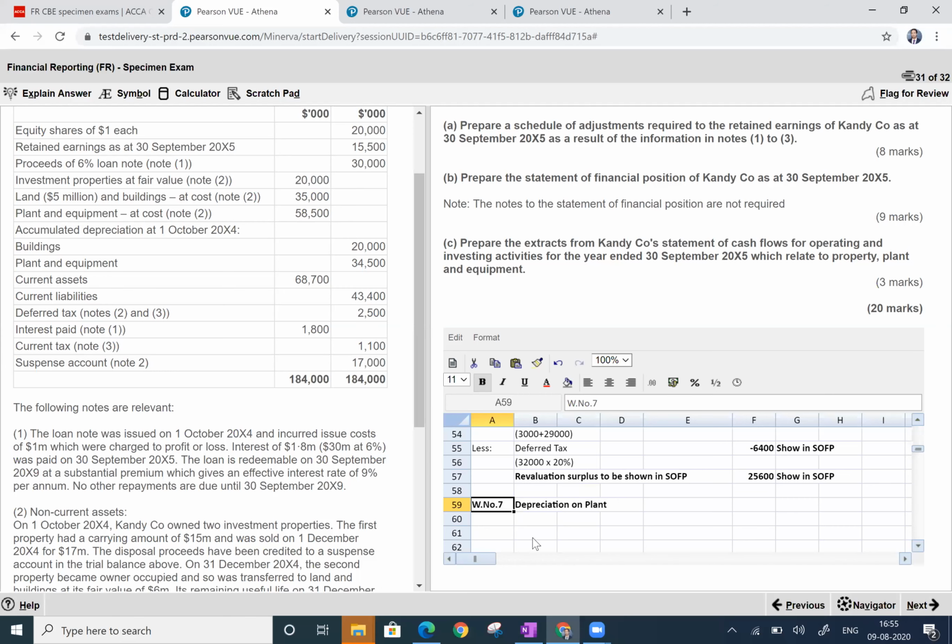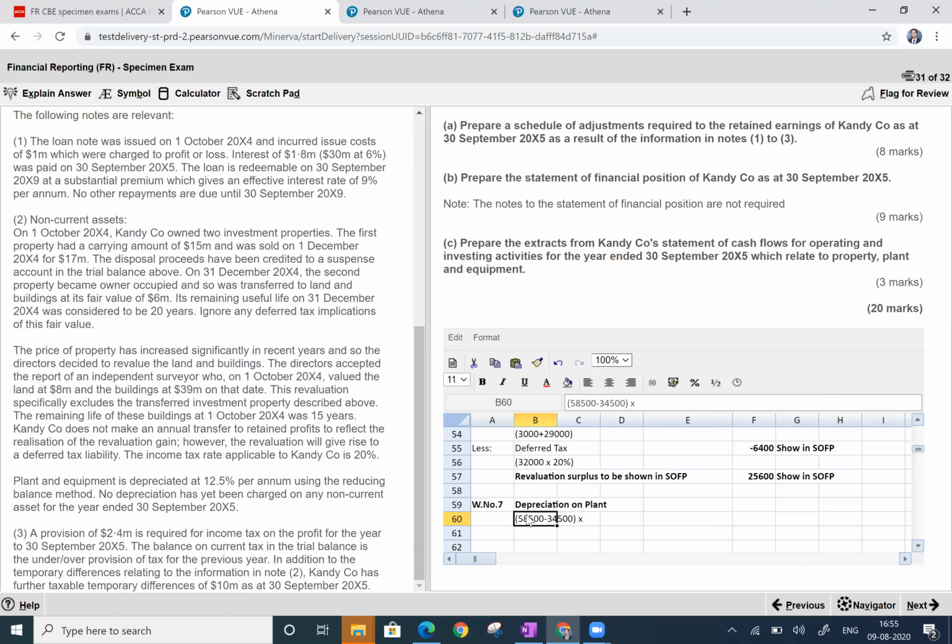So depreciation on plant, reducing balance method. Cost, I'm just writing here in one line: cost 58,500 minus accumulated depreciation 34,500. Now you have got carrying amount, multiplied by 12.5%.